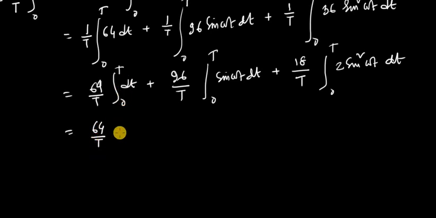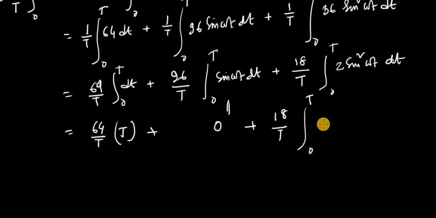সো 64/T দ্যাট ইজ আওয়ার ইন্টিগ্রেশন T হয়, plus this is our 0, plus 18/T, and this 2 sin² ωt, you know 2 sin² ωt is how much, 1 minus cos 2ωt dt.